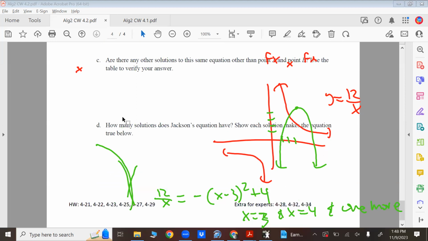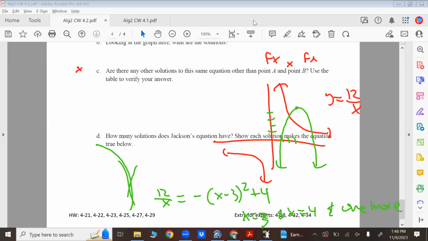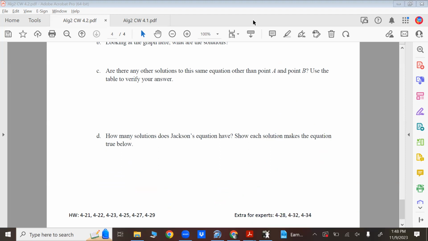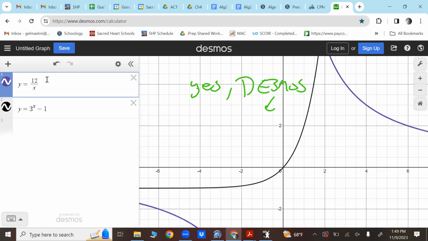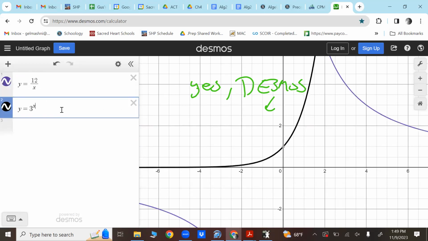So for parts C and D, just wrap up these notes here. Are there other solutions? Yes, there is. So I'd probably just go to Desmos. That's kind of your best friend. If I go to Desmos, let's punch it in.